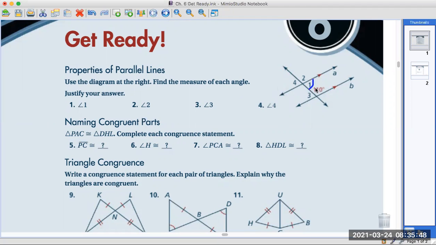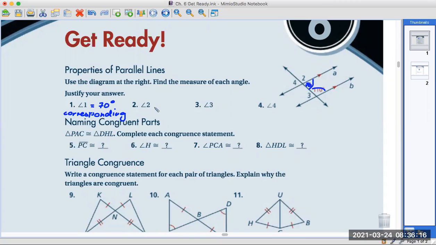So this one and this one, these two add up to 180. So that one would be 70 degrees. And the reason is corresponding angles. I'll just write corresponding. So this is 70.